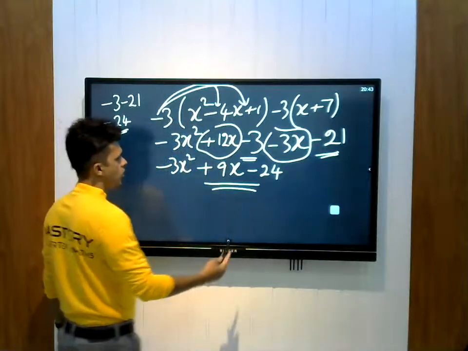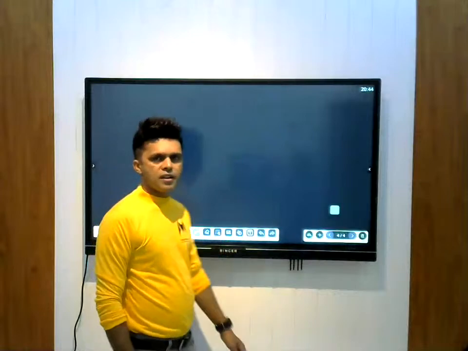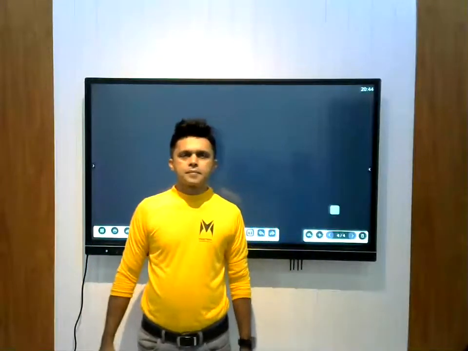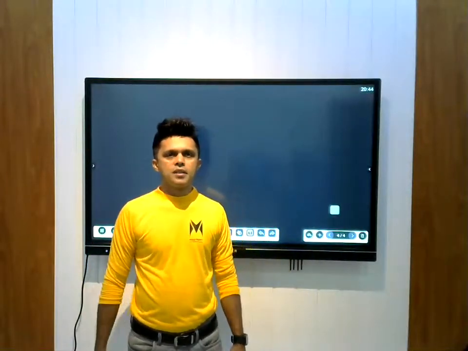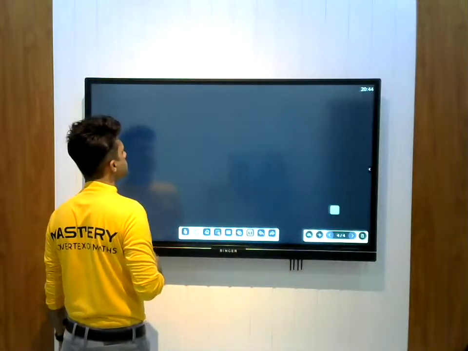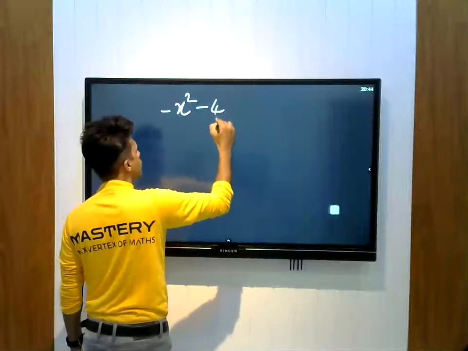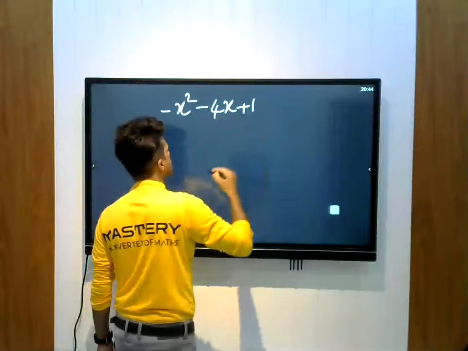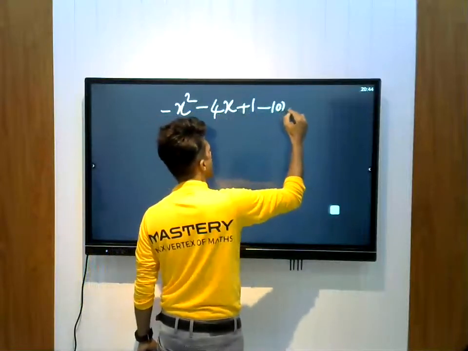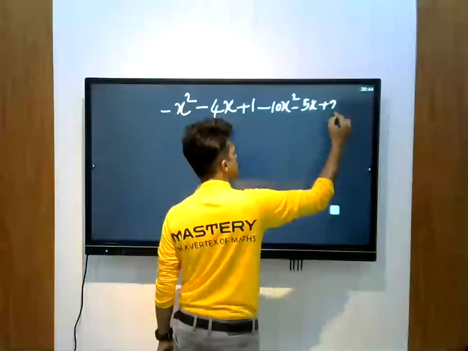Okay, so how can we simplify this type of one? Minus x squared minus 4x plus 1, minus 10x squared minus 5x plus 20.